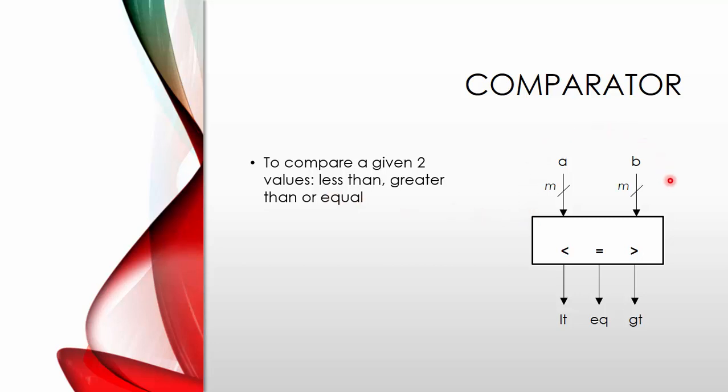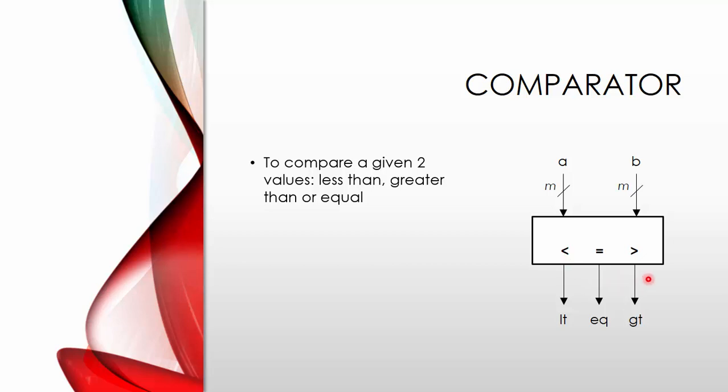So this is the block diagram. This is how it looks like. The two inputs A and B are the signals that we want to compare. And if A is less than B, this output signal will be raised to logic 1.